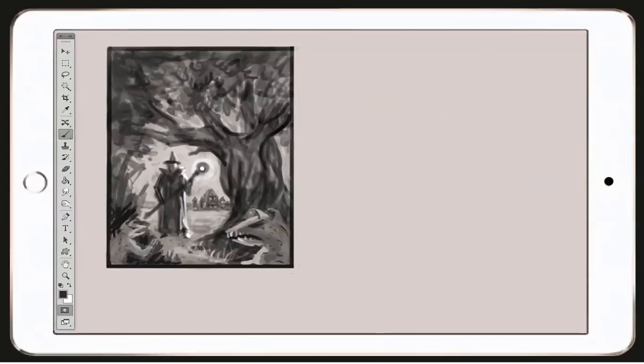The underlying structure is necessary not only for the reasons that I already stated in this video, but also because the values that you add to your picture need something to hold on to. And it is this underlying structure that the values hold on to. They are the support for the values.